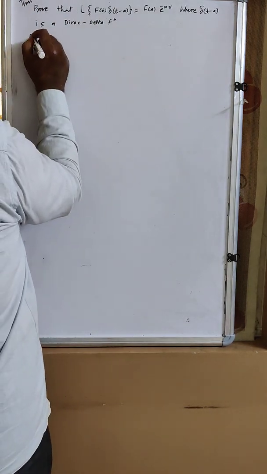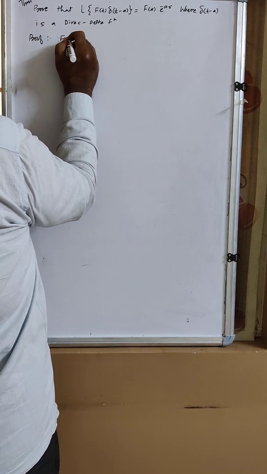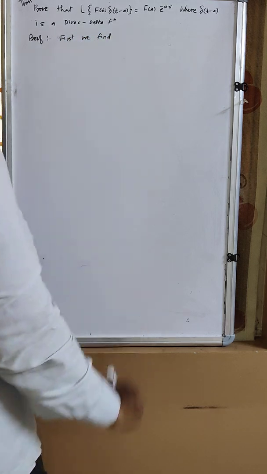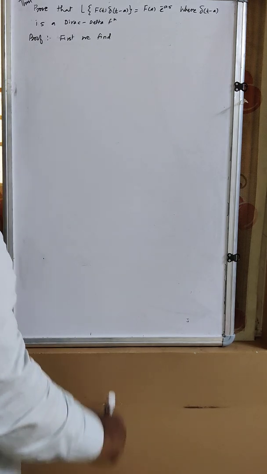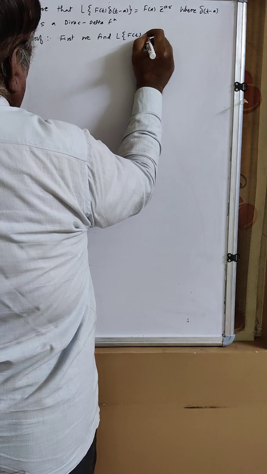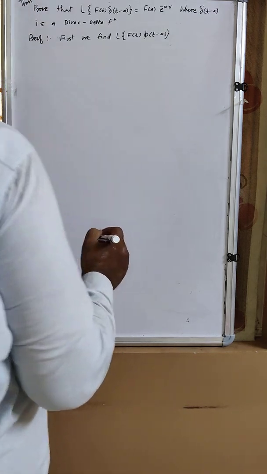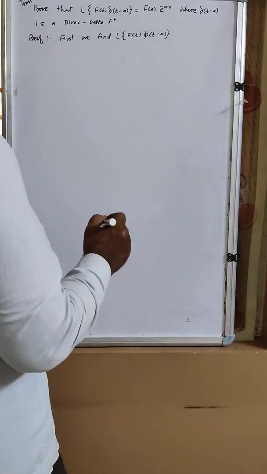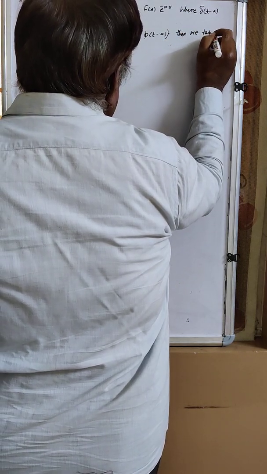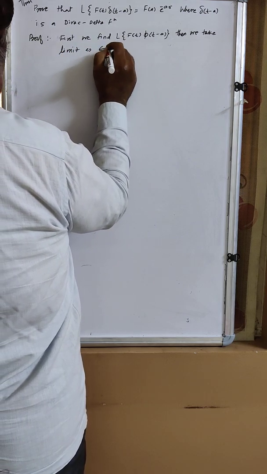Proof. First, we find Laplace of f(t) phi of t minus a. Then we take the limit as epsilon tends to 0.